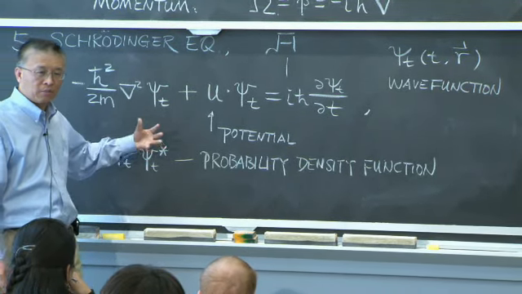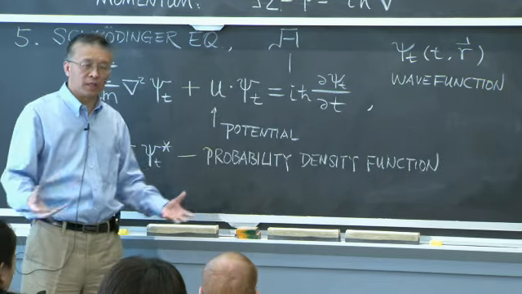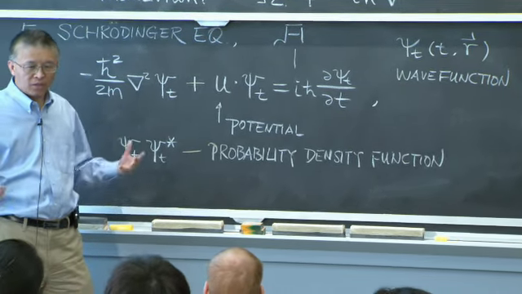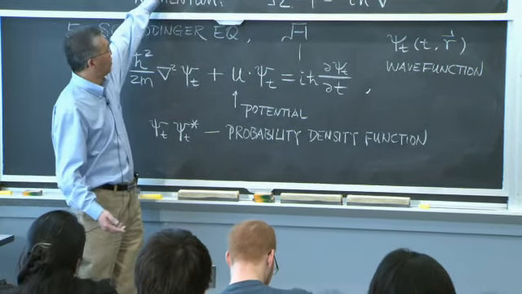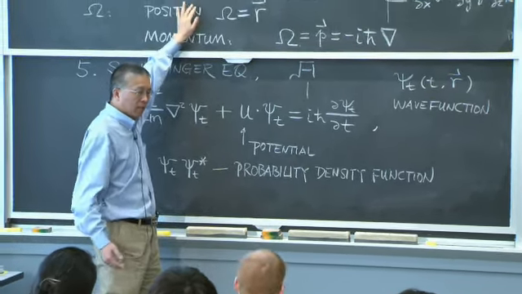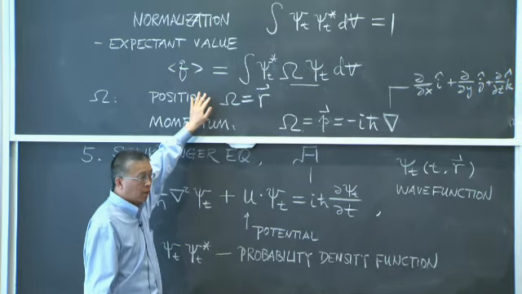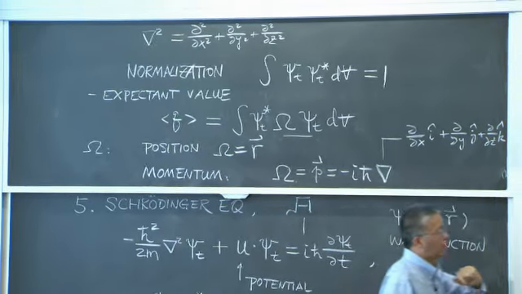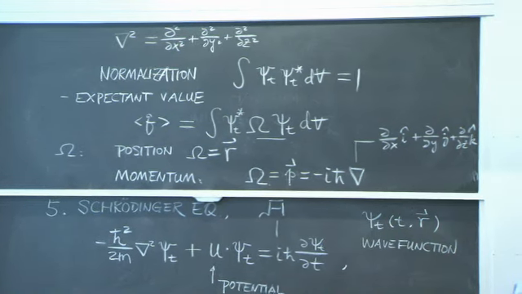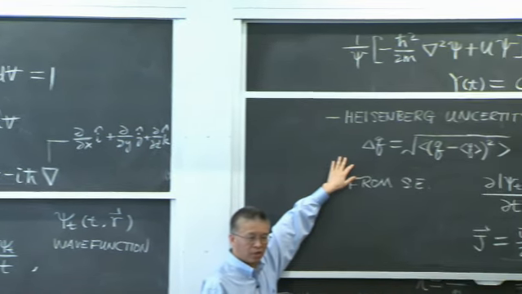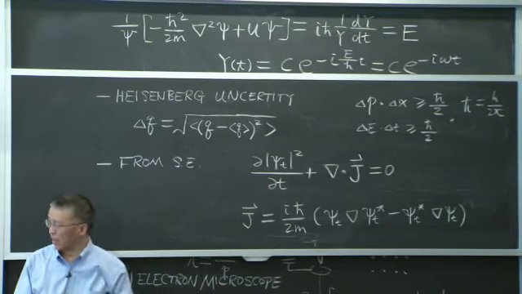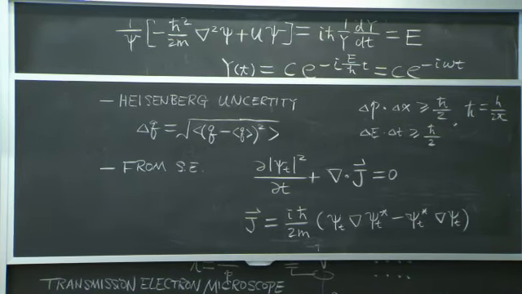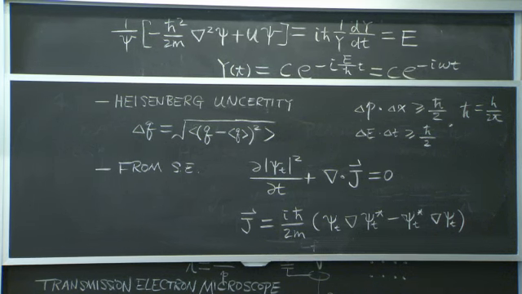And because of that, everything in the quantum world is probability based. So you have the expectation value, you have the standard deviation, right? So you have the uncertainties.